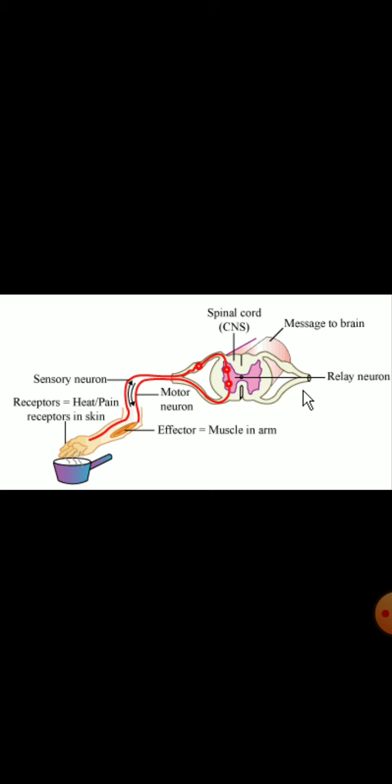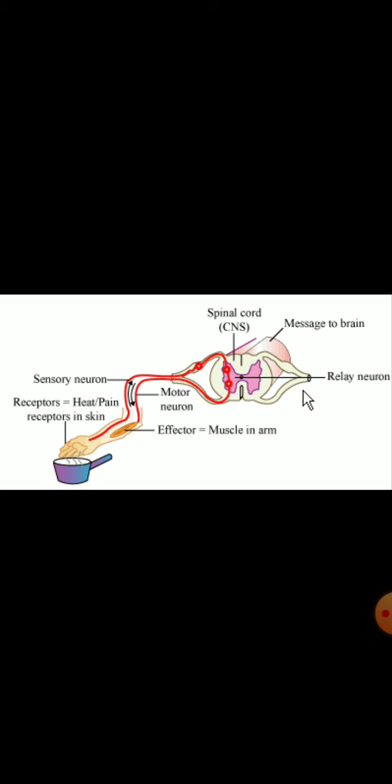One more thing we have to learn here is the reflex arc. What is a reflex arc? It is the pathway through which nerve impulses pass during a reflex action. We all know that because of the nervous system, we take our hand back on touching a hot object. What is the reflex arc then?